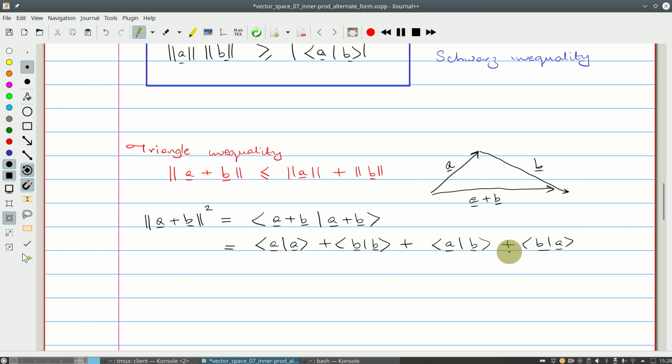And now what we're going to do is combine these two terms. Now, one of them is the complex conjugate of the other. And just to remind you, if you've got a complex number Z and you add it to its complex conjugate, then this will be twice the real part of Z. Okay, so let's put this in parentheses here.